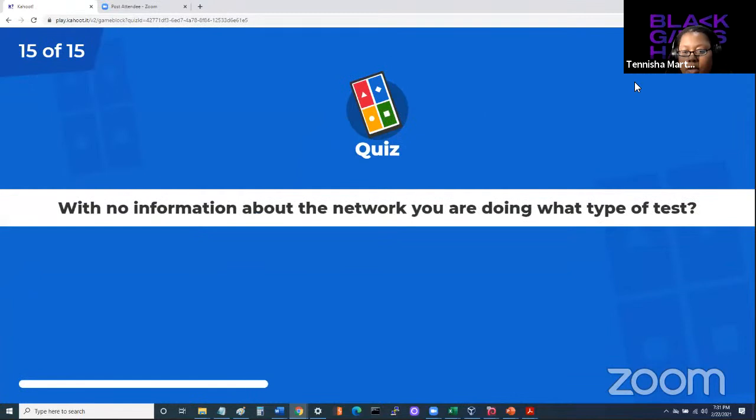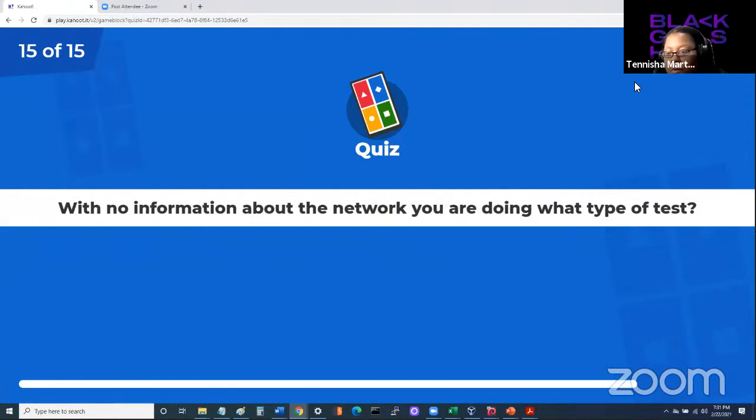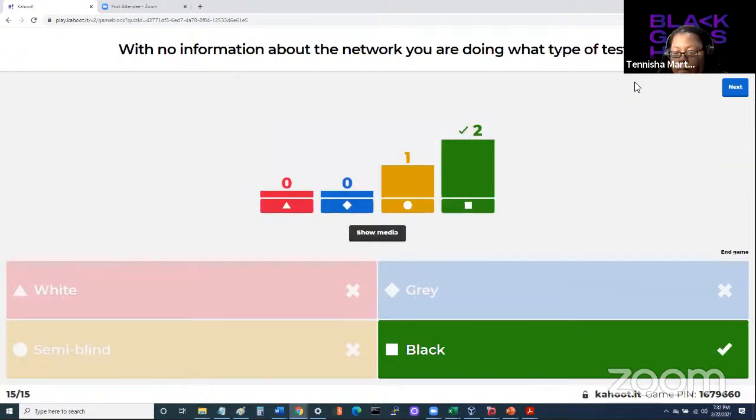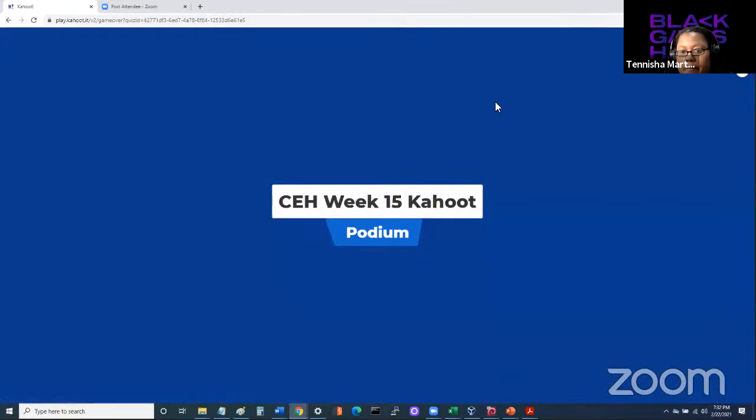Number 15, with no information about the network, you are doing what type of test? Yep, that is a black box test. I made up semi-blind. It's not a real thing.